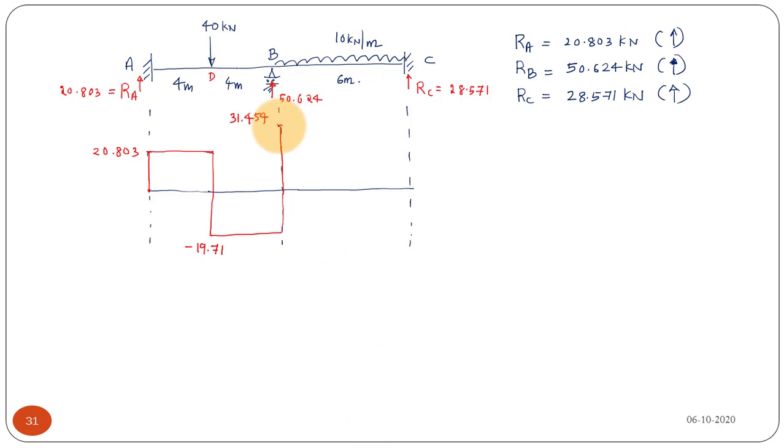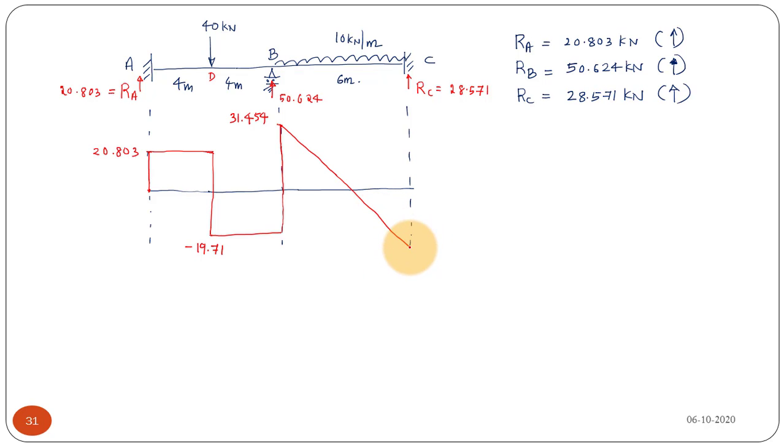And from here you are going to have a linear variation in the shape of the diagram, because wherever you have a uniformly distributed load on the beam, you will find a linear variation. It will keep on reducing, and after some point it has to reach the negative side.